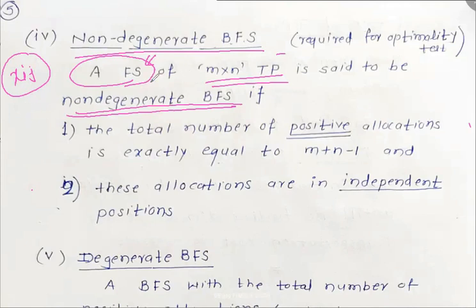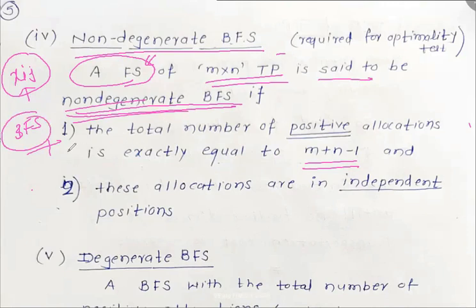It is said to be a non-degenerate basic feasible solution if the total number of positive allocations is exactly equal to M plus N minus 1. We have just seen that count the number of positive values of Xij; if it is exactly M plus N minus 1, the solution is a basic feasible solution.